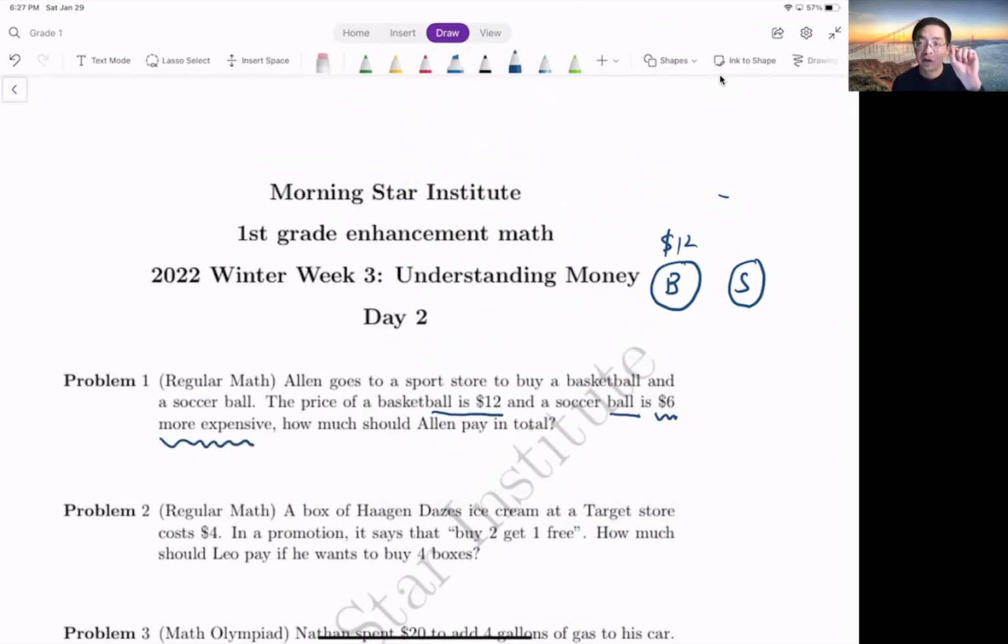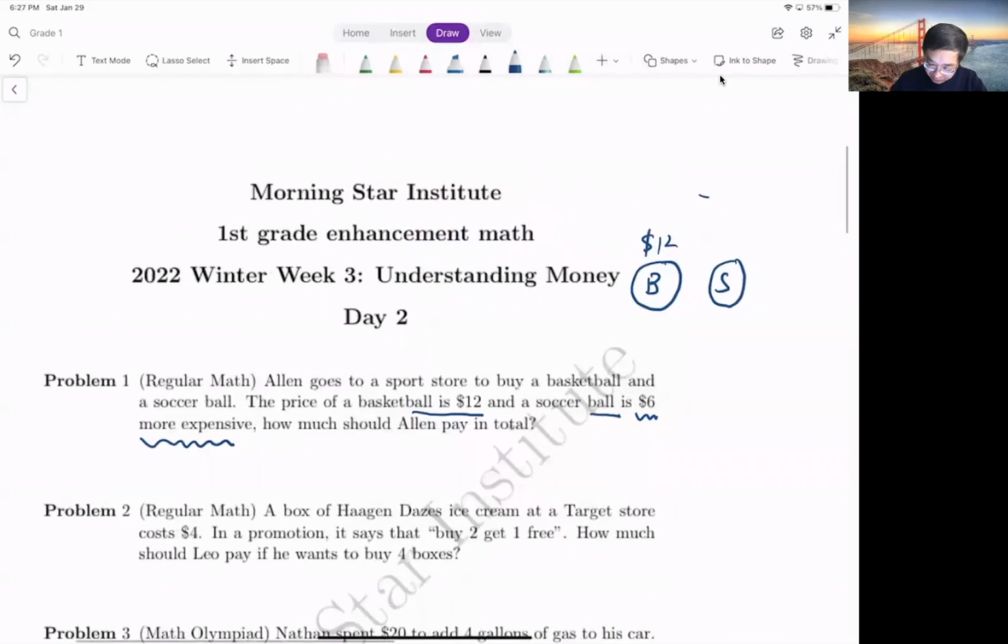So pay attention. The price for the soccer ball is not $6, but it's $6 more expensive than the basketball. So the price for the soccer ball should be 12 plus 6 more. That is $18. So $18 is the price for the soccer ball, because it's $6 more expensive.